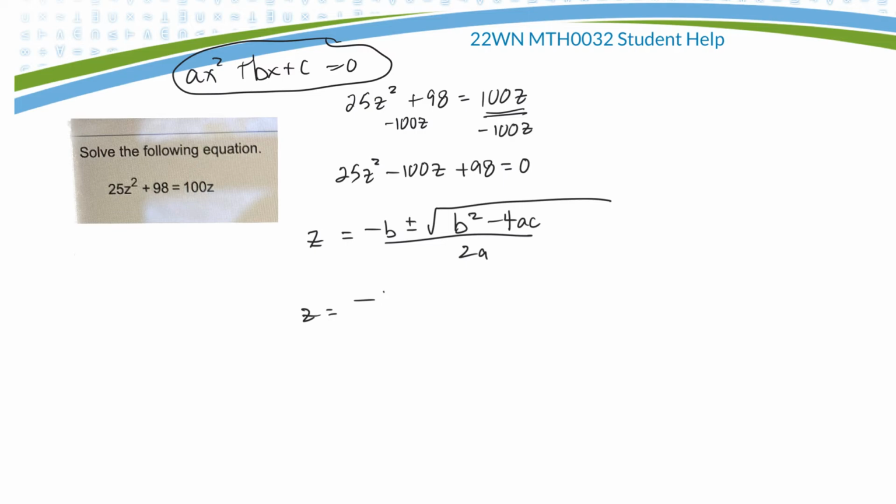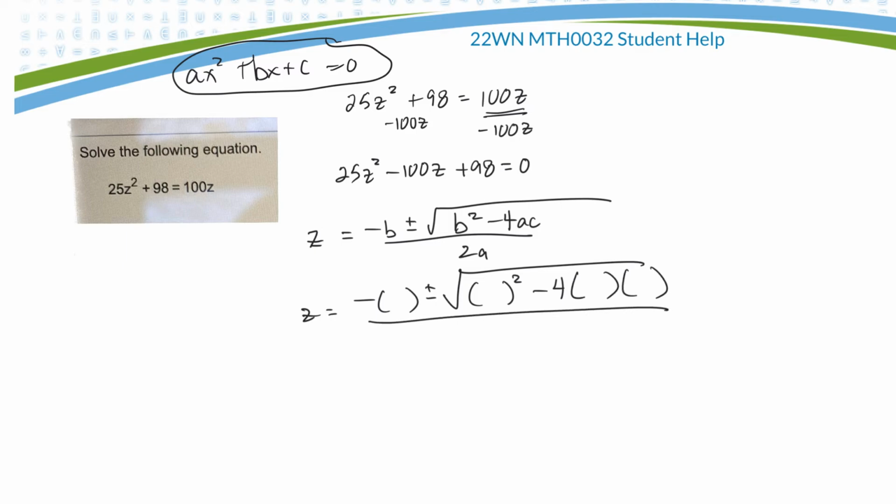Or minus whatever b is, plus or minus the square root of b squared minus 4 times a times c, all over 2 times a. Okay, and b is a negative 100, a is 25, c is 98, all over 2 times a, which is 25 again.